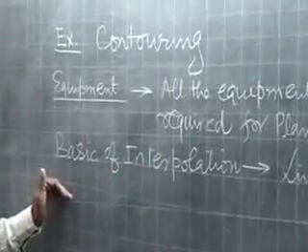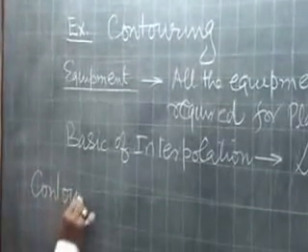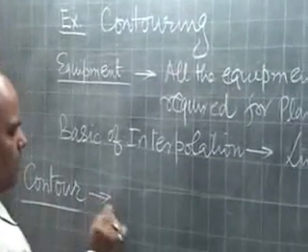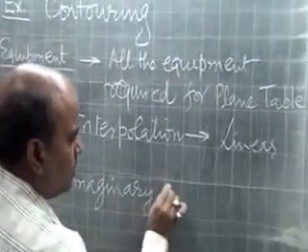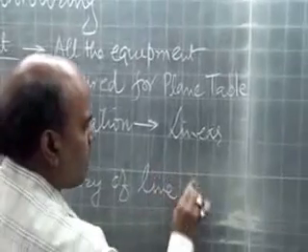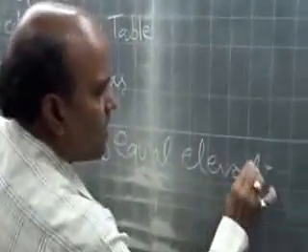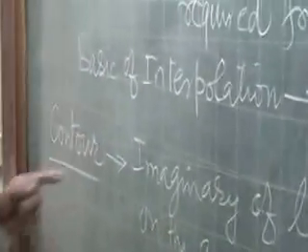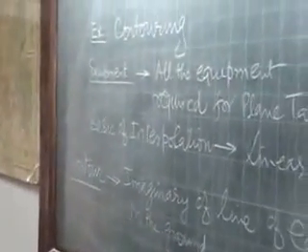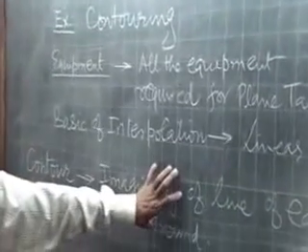But prior to that, I would like to explain the meaning of a contour. A contour is basically an imaginary line of equal elevation on the ground. If I join several points on the ground with equal elevation by a smooth line, that line is known as a contour line.